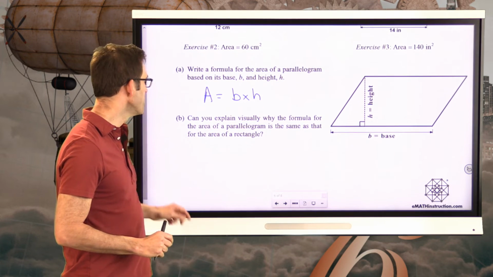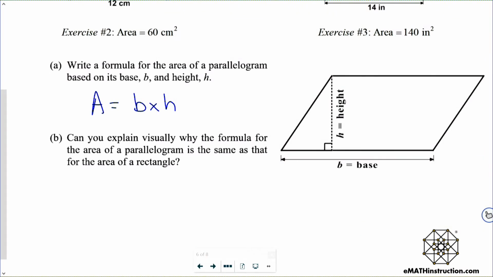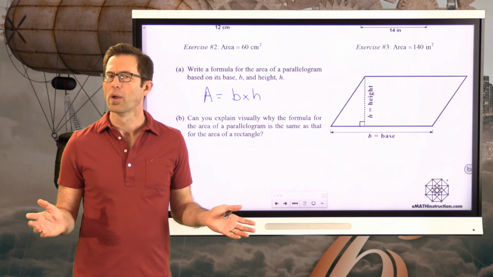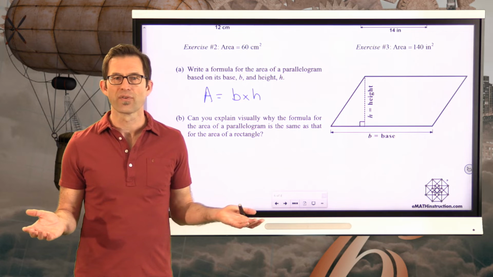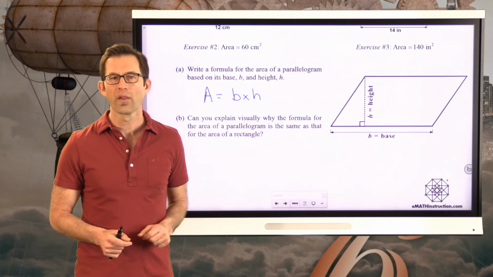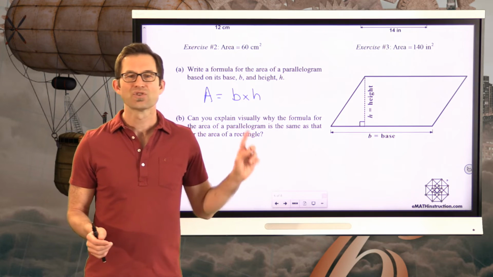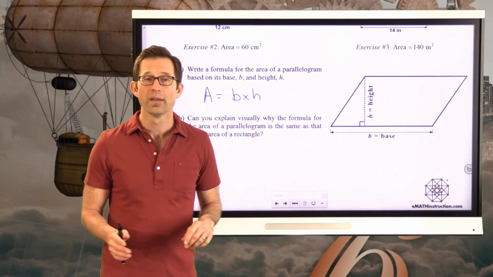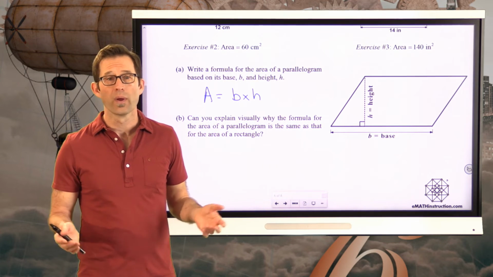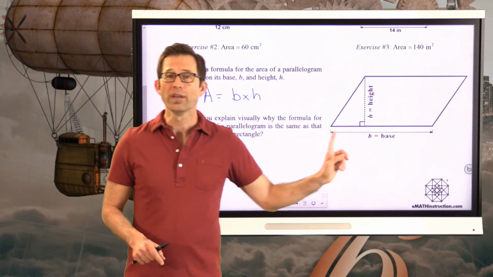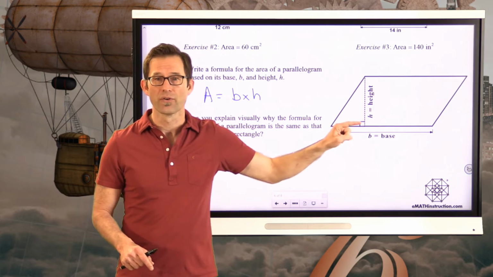Now, letter B. Can you explain visually why the formula for the area of a parallelogram is the same as that for the area of a rectangle? Now, you might say to yourself, wait. The area of a rectangle was length times width. The area of a parallelogram is base times height. That's just what we're calling the letters, folks, right? Whether I'm talking about length and width, base and height, it's really two things that are perpendicular to each other, right?